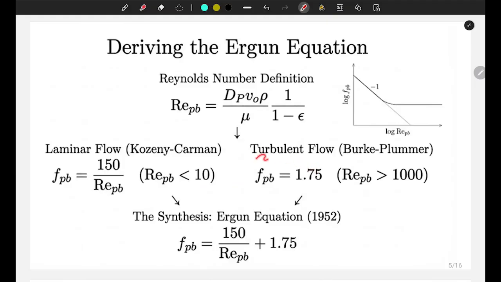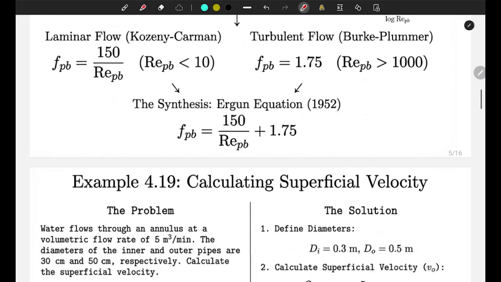The second equation, known as the Burke-Plummer equation, is for turbulent flow and has the friction factor value 1.75, valid for packed bed Reynolds number greater than 1000. The combined equation that we use is known as the Ergun equation, which considers both laminar and turbulent conditions.